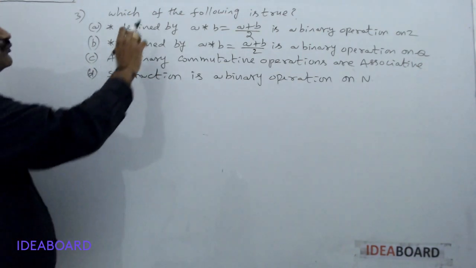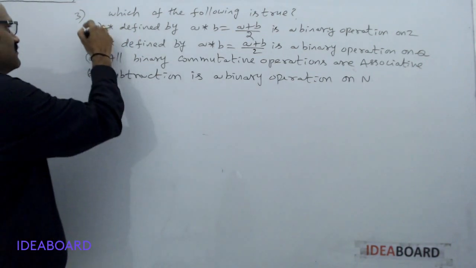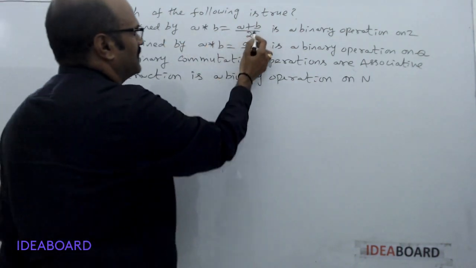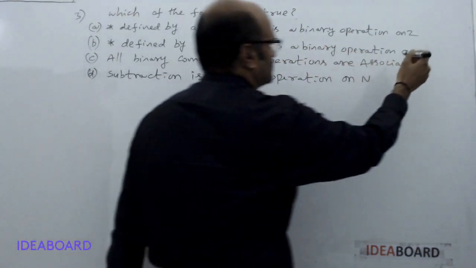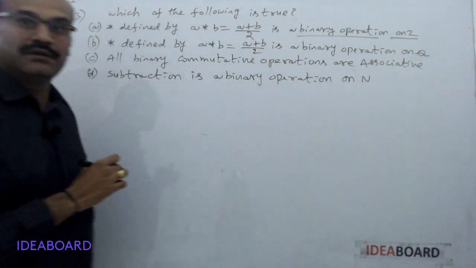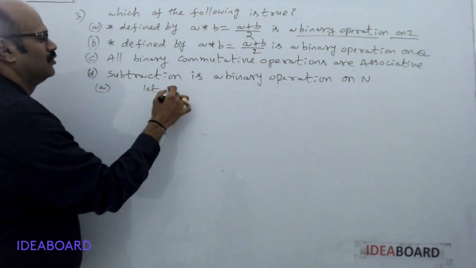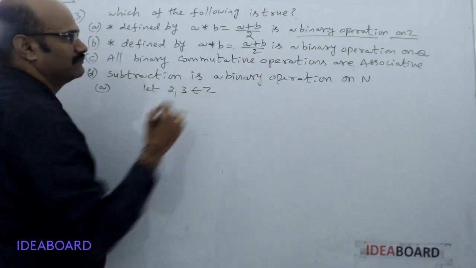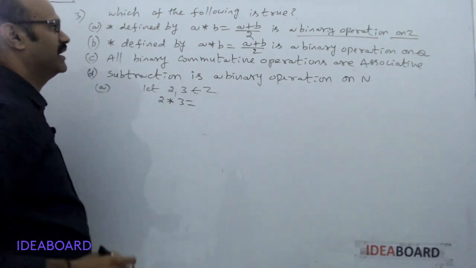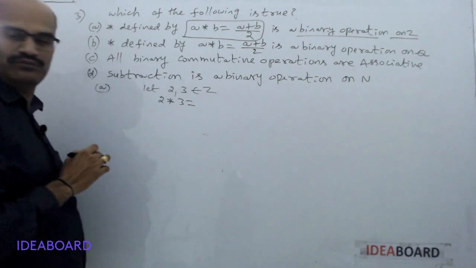Here it is given which of the following is true. First, let us verify the first one. Star defined by a star b equal to a plus b by 2 is a binary operation on the set of integers. Let 2, 3 belong to Z. Now 2 star 3 equal to, it is defined by a star b equal to a plus b by 2.